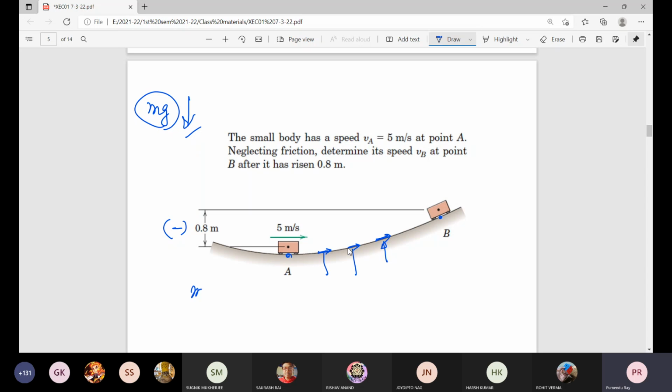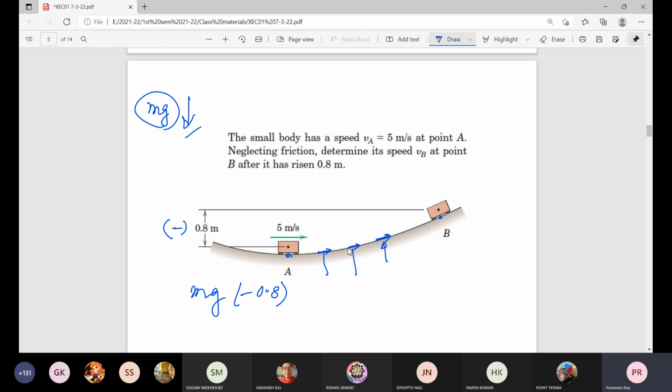So either mg multiplied by minus 0.8 meter. If mg is in Newton and it is in meter, then that much joule, and that will be half m VB square minus half m VA square.